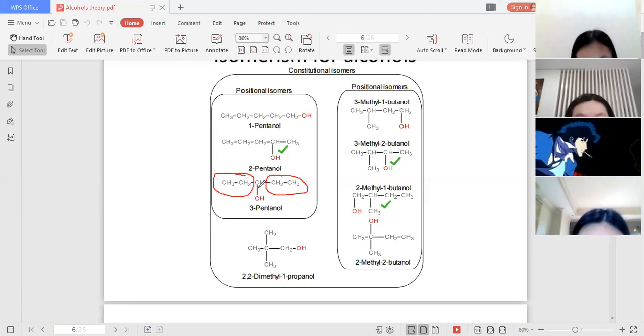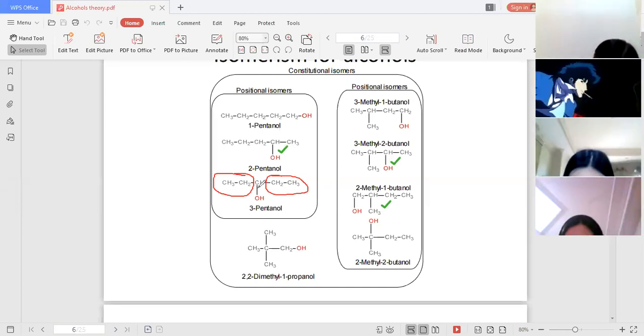Okay, so what are the synonyms for optical isomerism? The first synonym: does the molecule have a chiral center? If there is such a question, it means the question is asking whether there is any optical isomer or not.